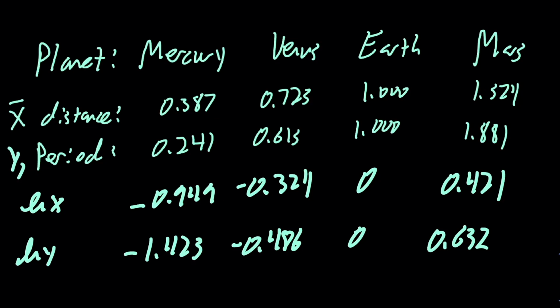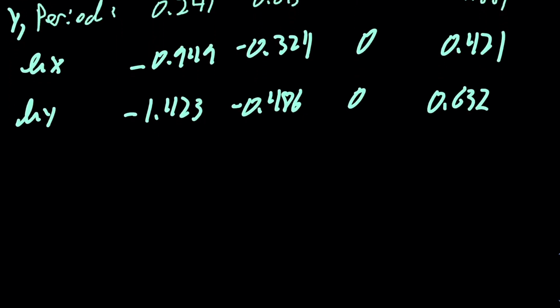Well, suppose we fit a polynomial to a logarithm of distances and periods. What kind of relationship will that produce? And if you were to say that it would produce a relationship such that the natural log of y is equal to 3/2 the natural log of x, you would be correct.